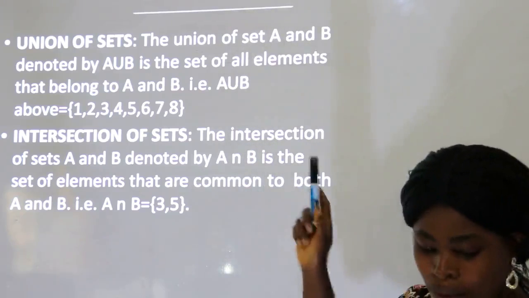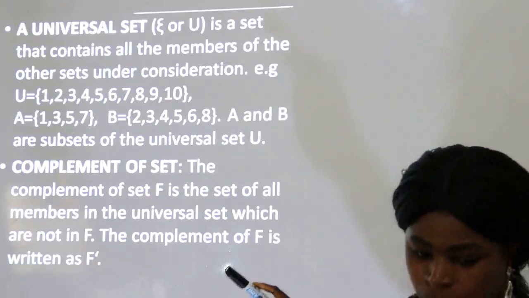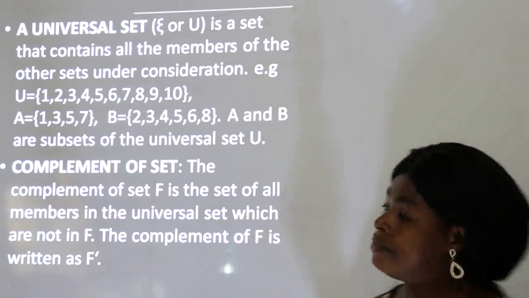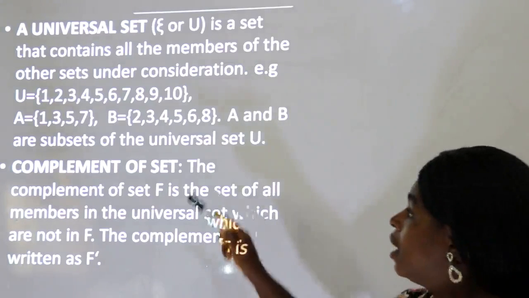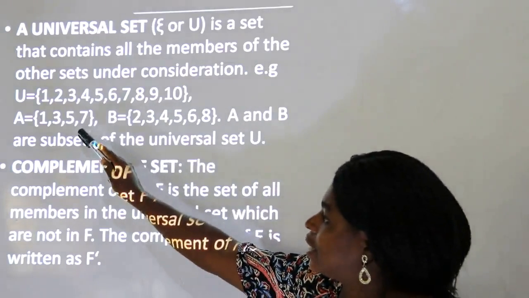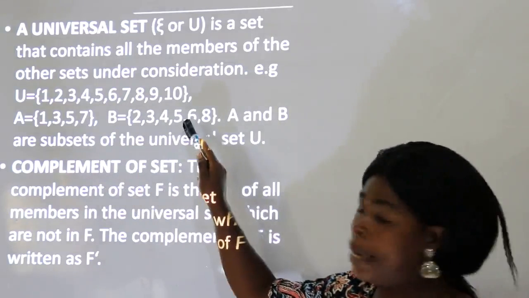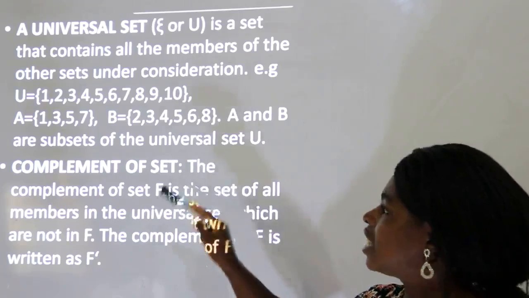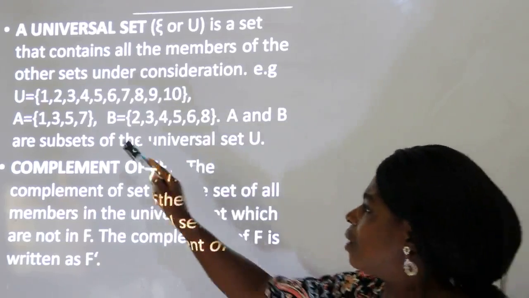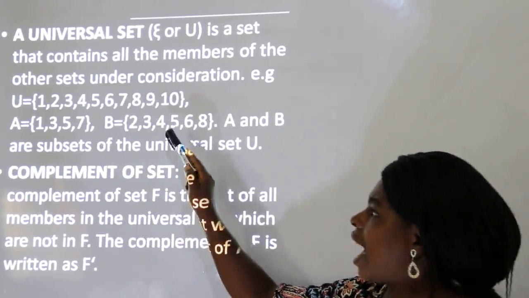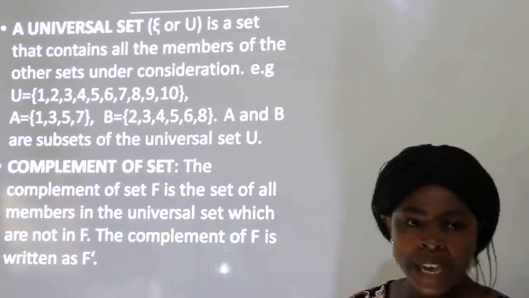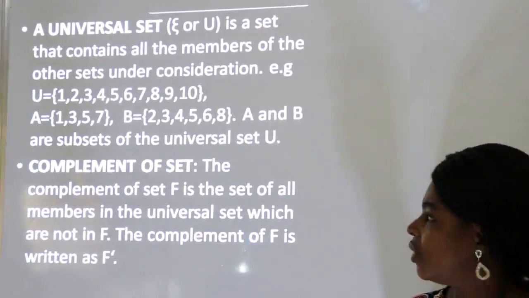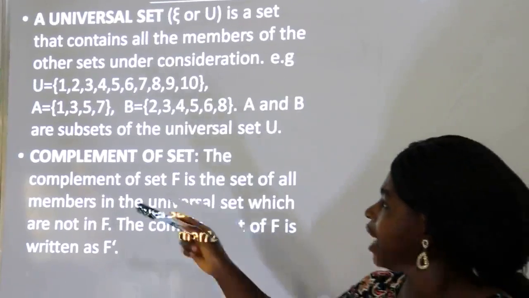So for example, let's go back to the universal set. I'm taking an example of A and B from the sets that we have here. So what is A union B? That is all the elements in set A and all the elements in set B, but without repetition. So what will be the union of A and B now?